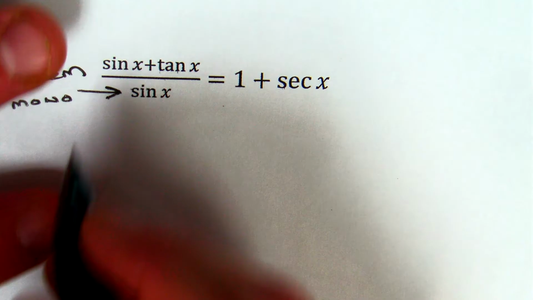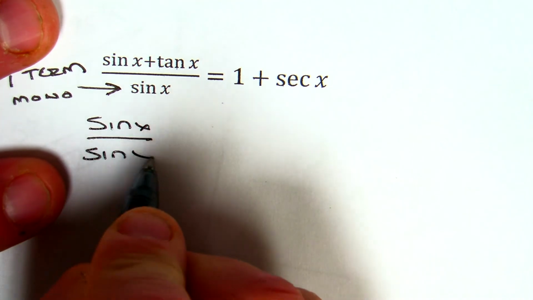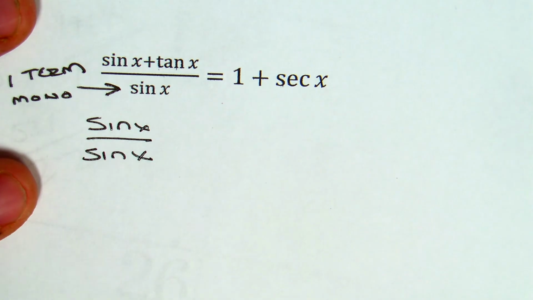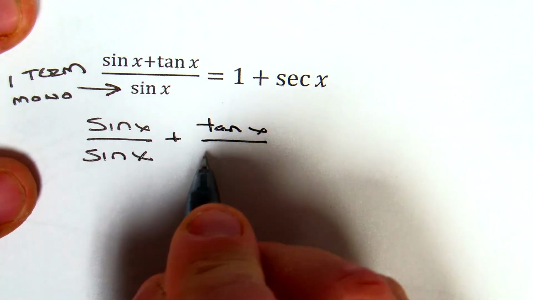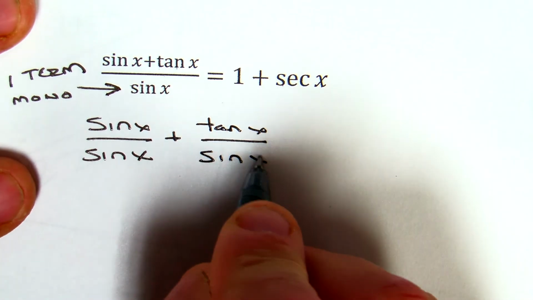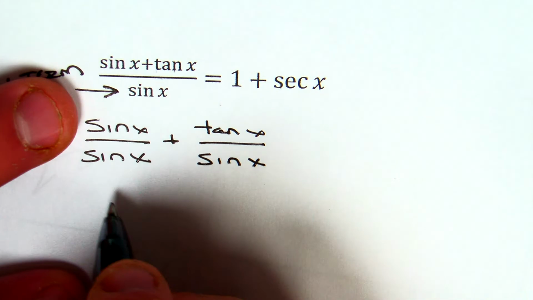So in other words, I would take the sine x and put it over your denominator, which is sine x, plus tangent x over sine x. Now, what's the sine x over the sine x going to do to each other? Cancel out, leaving you with 1.